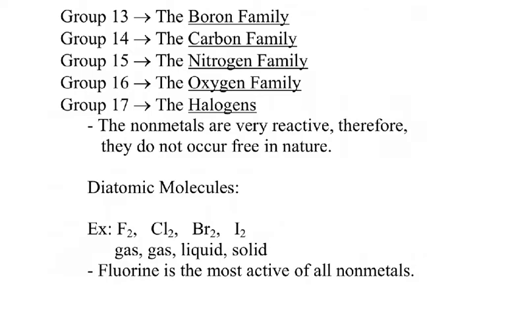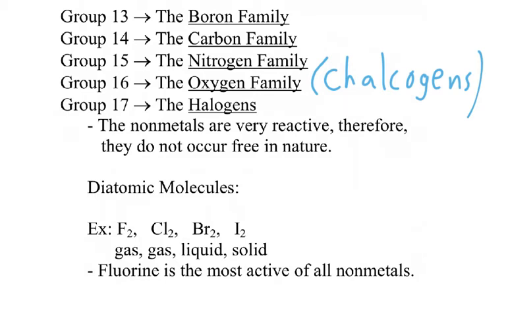Group 14 is led by carbon, so it's known as the carbon family. Group 15 is led by nitrogen, so it's known as the nitrogen family. And group 16 is led by oxygen, which is known as the oxygen family. However, the oxygen family also has a more technical name, and it would be good for you to know this. The oxygen family is also known as the chalcogens. So that would be group 16.